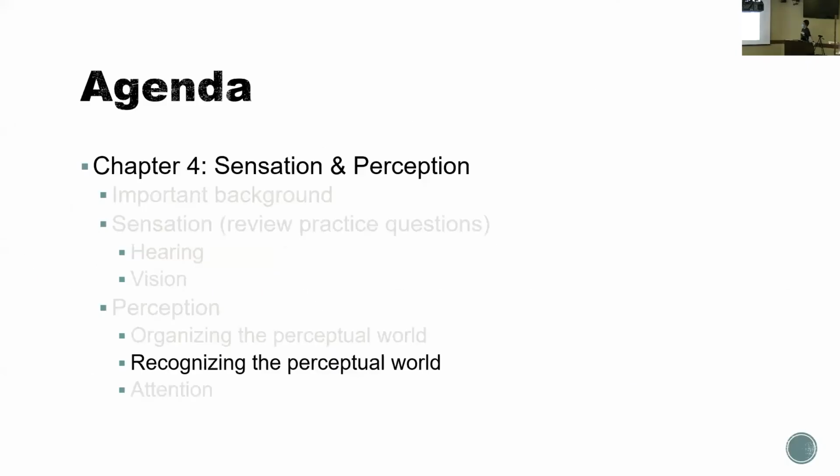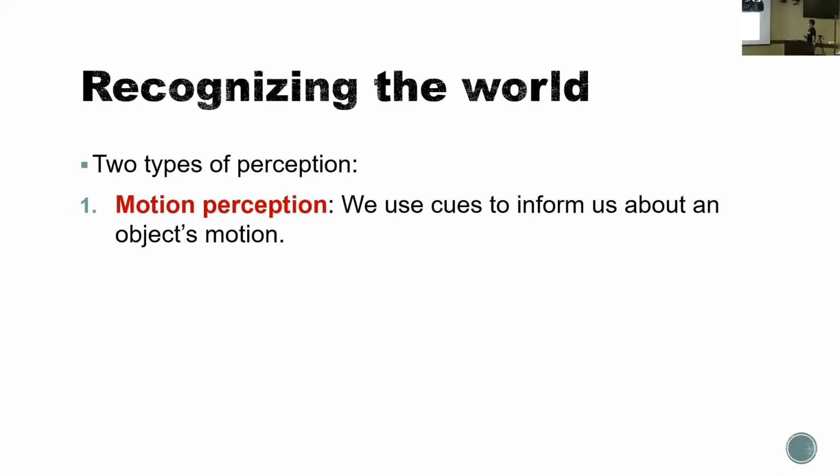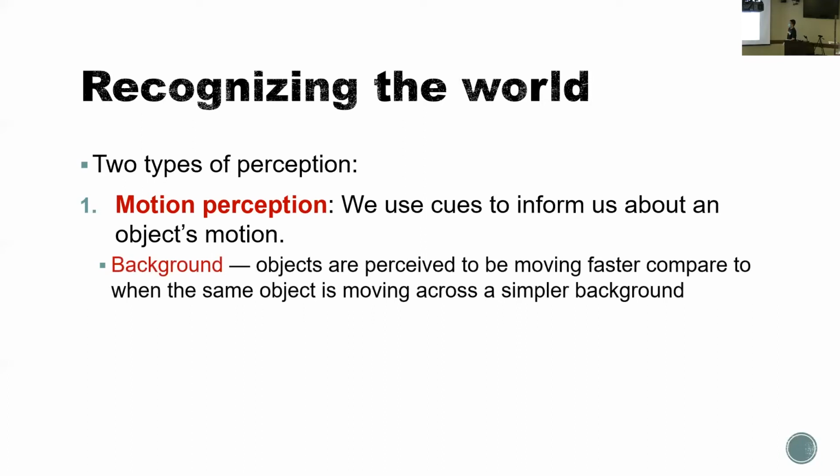So next, we're going to talk about how we recognize the perceptual world. We have two types of perception. We have motion perception. We use cues to inform us about an object's motion. Cues include backgrounds. Objects are perceived to be moving faster when moving across a complicated background compared to a simpler background.